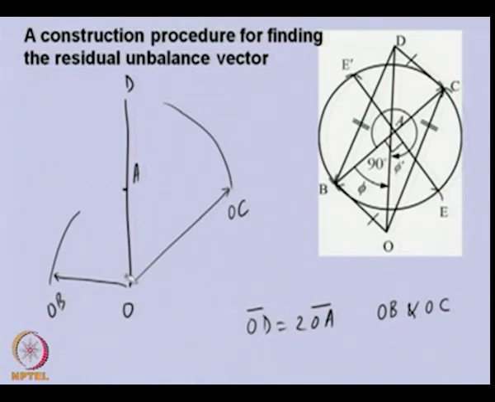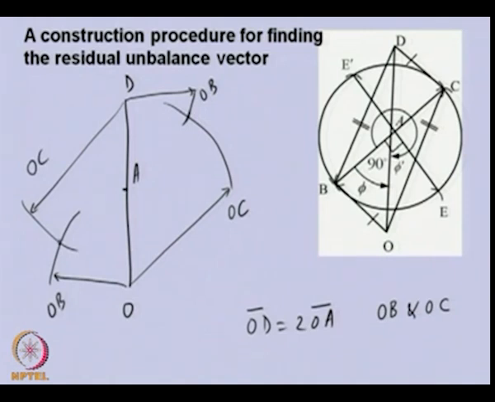Now with the same radius OB, we keep the center at D and cut this line here, and we keep center at D with radius OC. So this is OB, and this is OC.